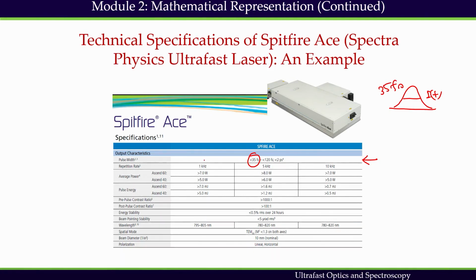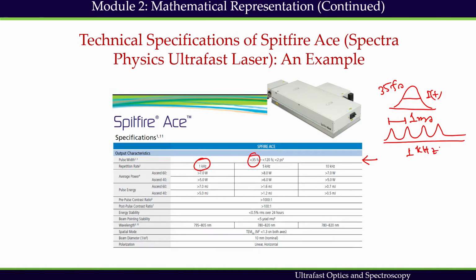Repetition rate, for example, we can take this option, 1 kilohertz, which means each pulse comes at a particular rate, and the repetition time is going to be 1 millisecond. So in every 1 millisecond we get one pulse. That's why we have a 1 kilohertz repetition rate.